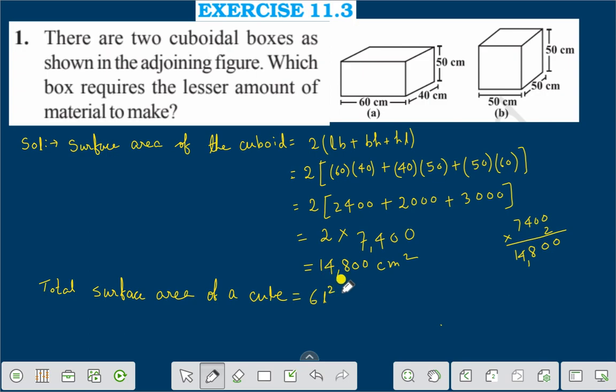Therefore, we are getting 6, and the length of the cube is given as 50 centimeter. That is 6 into 50 into 50 centimeter square.